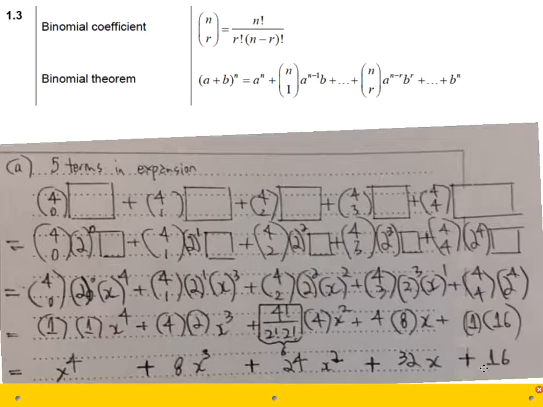Something worth noting before I sign off is that the x values will usually have some pattern in terms of their exponent. So it looks like here we started with 4, and then descending to 3, 2, 1, and then x exponent 0. There should be some sort of pattern. It may not always be subtracting by 1.